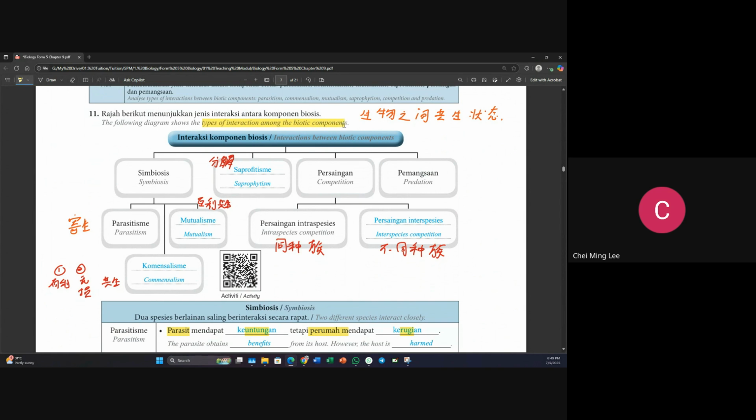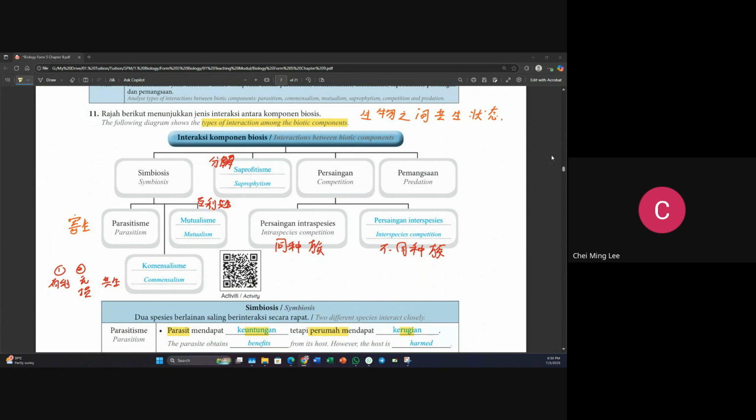Among the biotic components, we have symbiosis, where symbiosis is the interaction between a host and a symbiont. It can be parasitism, it can be mutualism, or it can be commensalism.